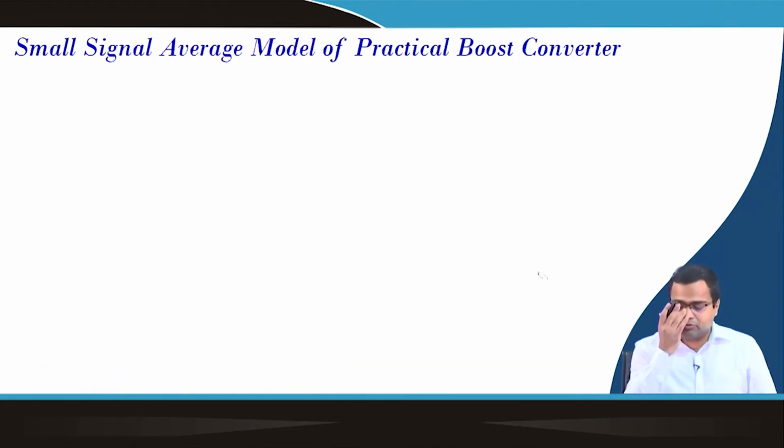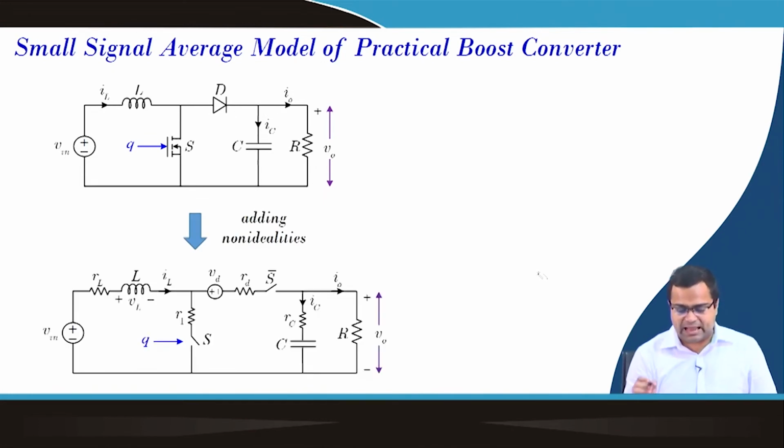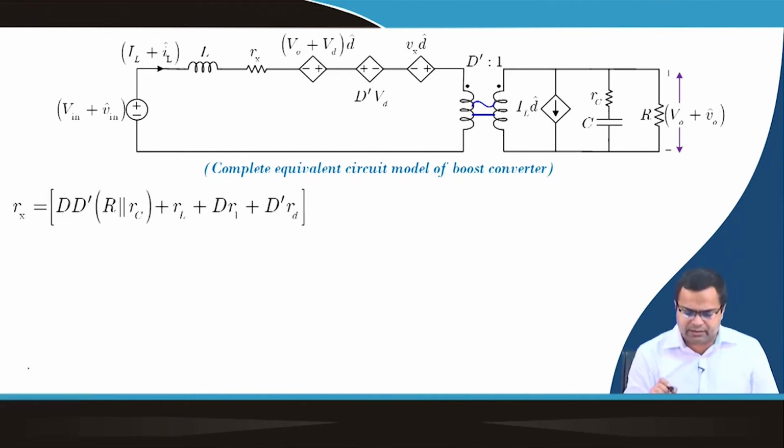The next task, we can do it for a boost converter. Again, we start with the circuit, we can add all the non-ideality, then we can obtain the equivalent circuit that we have already derived in the previous class. So, I am not going to repeat.